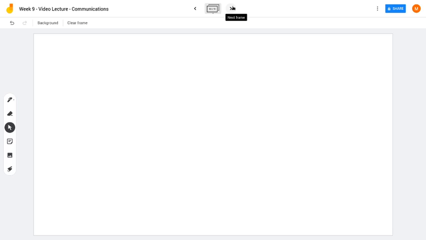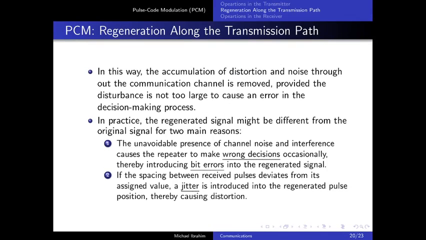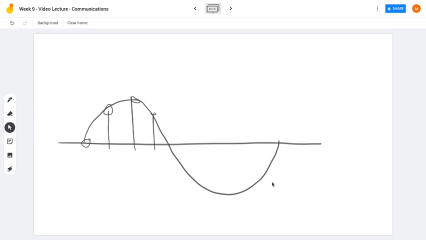So basically, let's say we have a sinusoidal signal like this one. It's first sampled. So we have a sample over here, and a sample over here, and a sample here, and so on. So if these received samples are arriving at the wrong time instant, so if the spacing between the received samples or received pulses deviates from its original position. So let's say this sample arrived as is, but this one has arrived a bit later than its position.